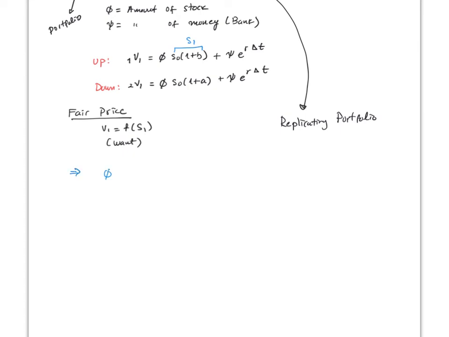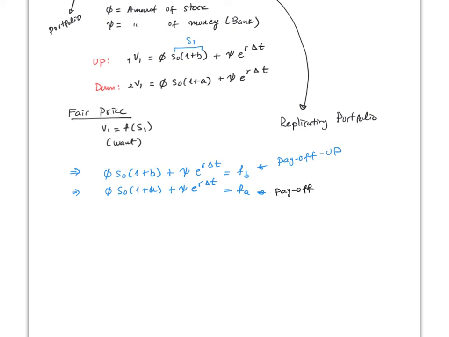Phi times S0 times 1 plus b, plus psi e to the r delta t has to match the payoff when it goes up, which is F of b. So this will be the payoff if it goes up. And it should also match the payoff when it goes down. So when it goes down, it should be F of a. So this will be the payoff if it goes down.